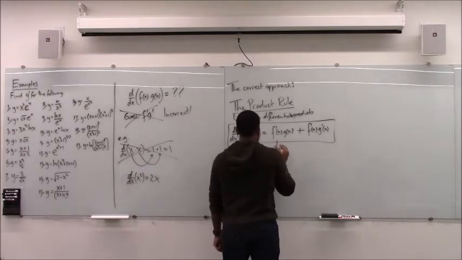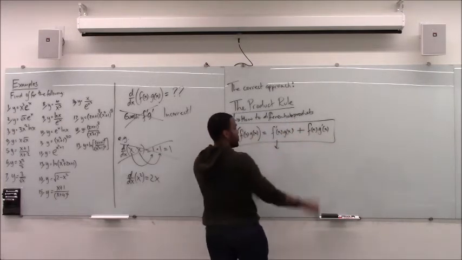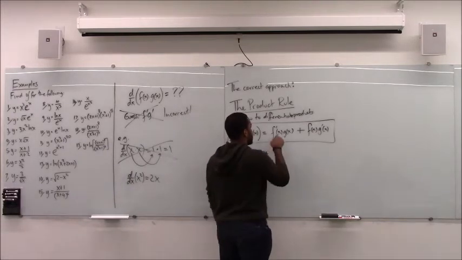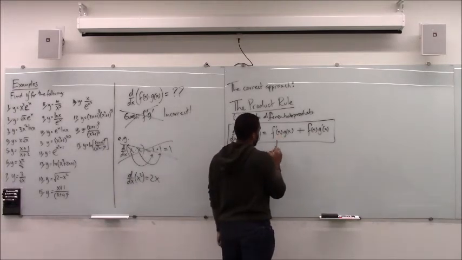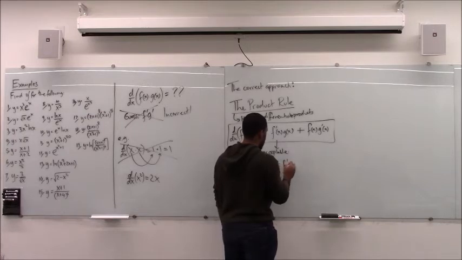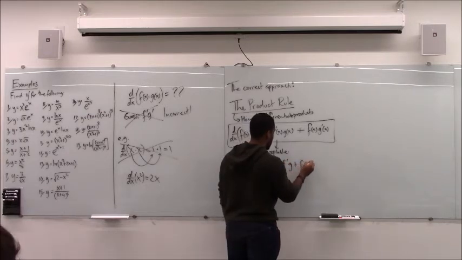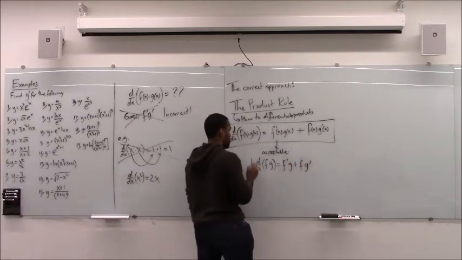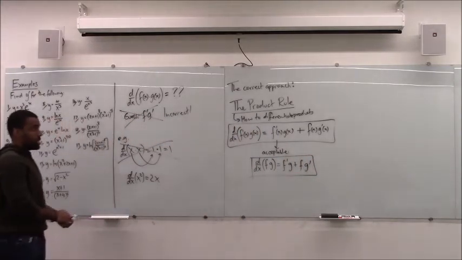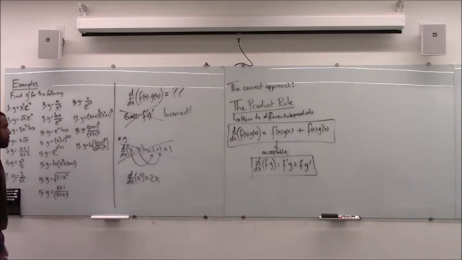And just so you know, because of course I'm going to ask you to write this down in another quiz at some point, it's acceptable not to write the of x part. Sometimes that can just be annoying. So you could express this as the derivative of fg is f prime g plus fg prime. That's the product rule. That tells us how to deal with the product of two functions.